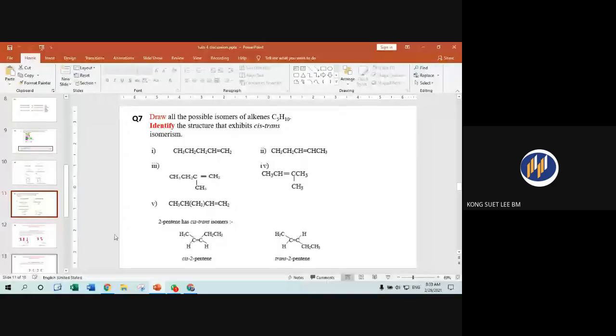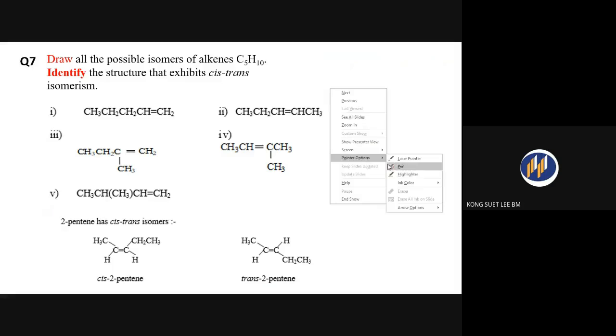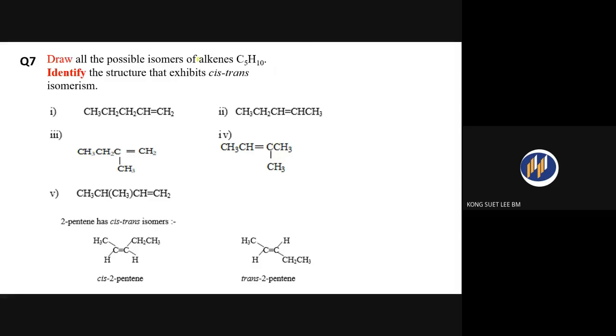Here. Okay, class, be careful because this question is about alkene. Please highlight alkene. So your answer must have C double bond C only. And then the second question, identify the structure that exhibits cis trans. Based on here, the basic one should be the first one.